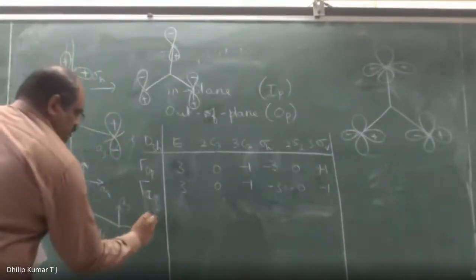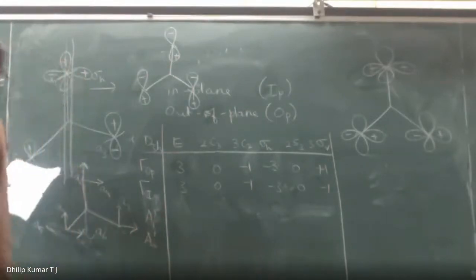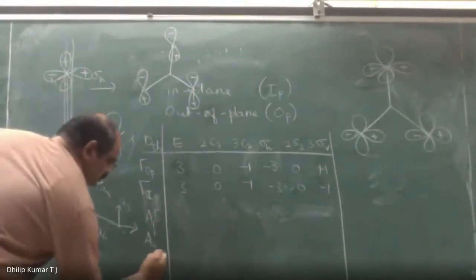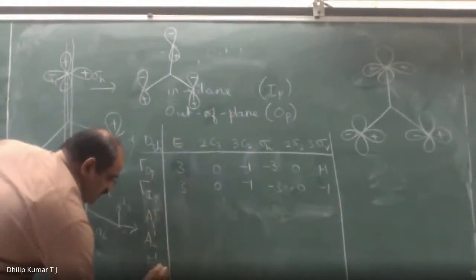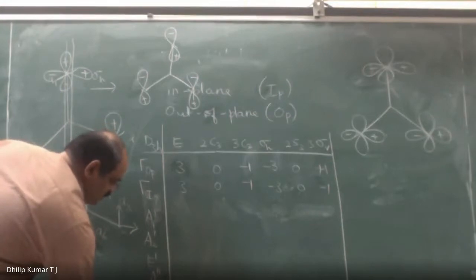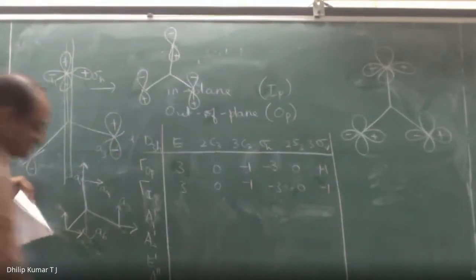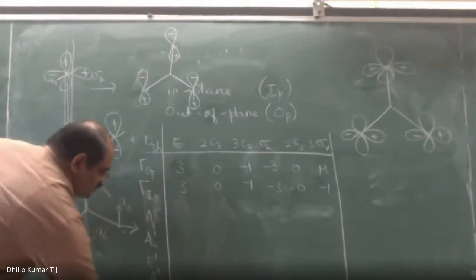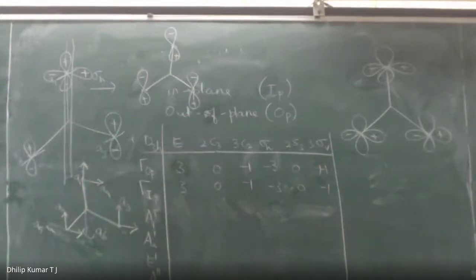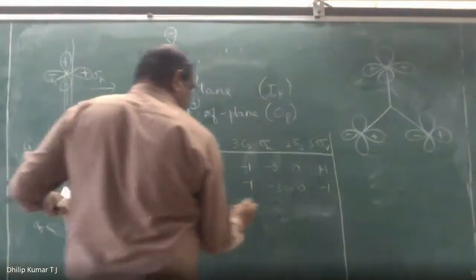So there are irreps like A1 prime, A2 prime, E prime, A1 double prime, A2 double prime, and E double prime. So last is E double prime. So 6 IRs are there. I'm not writing everything, I just write only the relevant portion.